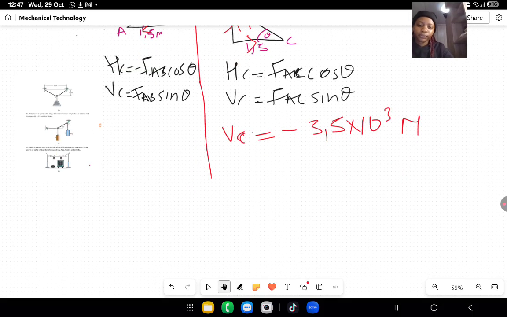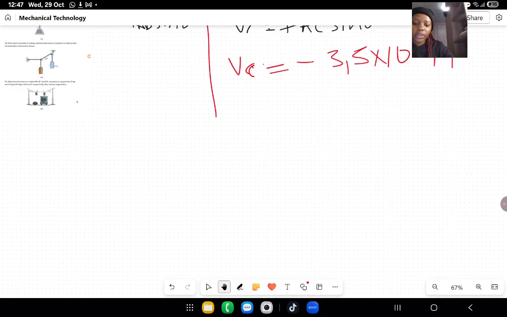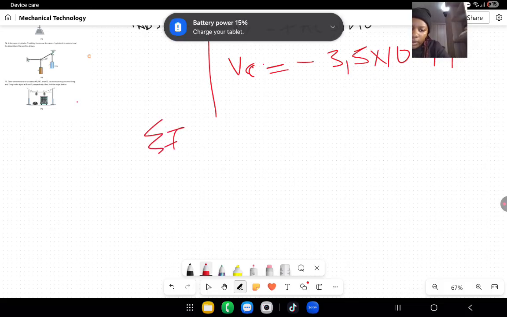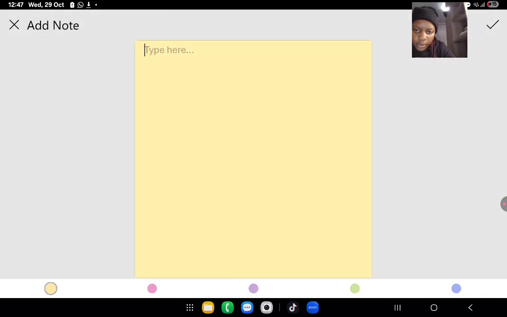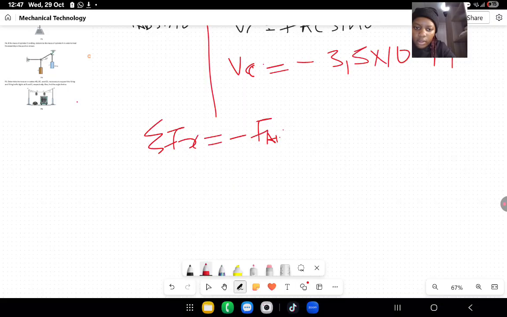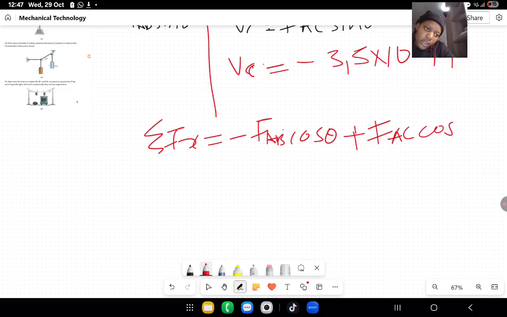So now we'll be saying the sum of the horizontal components equals negative FAB cos theta plus FAC cos theta.